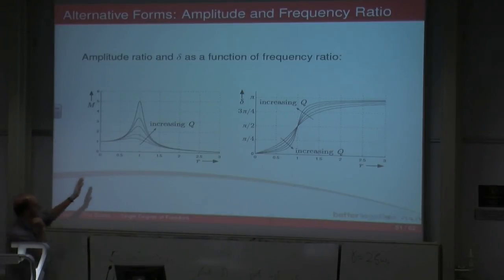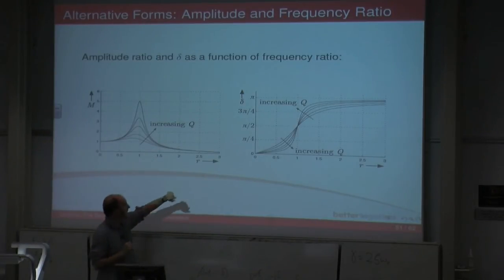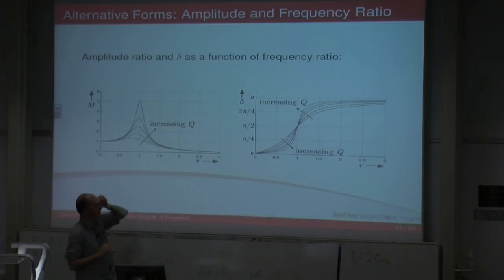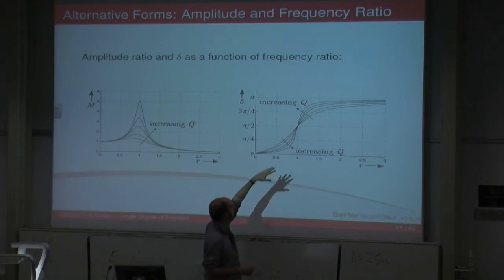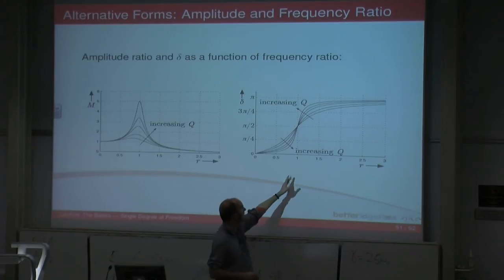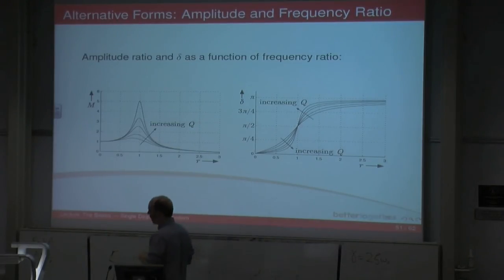And then as you go towards infinity frequency ratio, you end up getting the amplitude ratio reducing to 0, which is what we expect. And here delta is the same, you've got between 0 and pi, okay? But at 1 is where you cross over the natural frequency. Okay, does that make sense? Yeah? There's some nods. Yeah, okay, that's good.